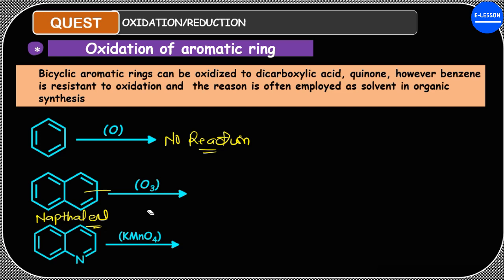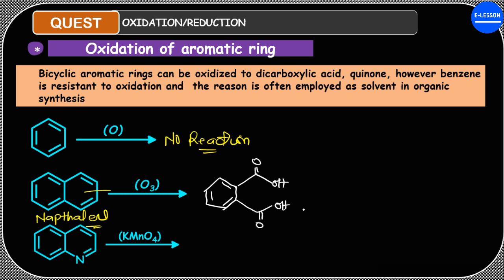And the structure of phthalic acid is something like this, right? This double bond, double bond, double bond, and then double bond oxygen, OH. This OH, this double bond oxygen.